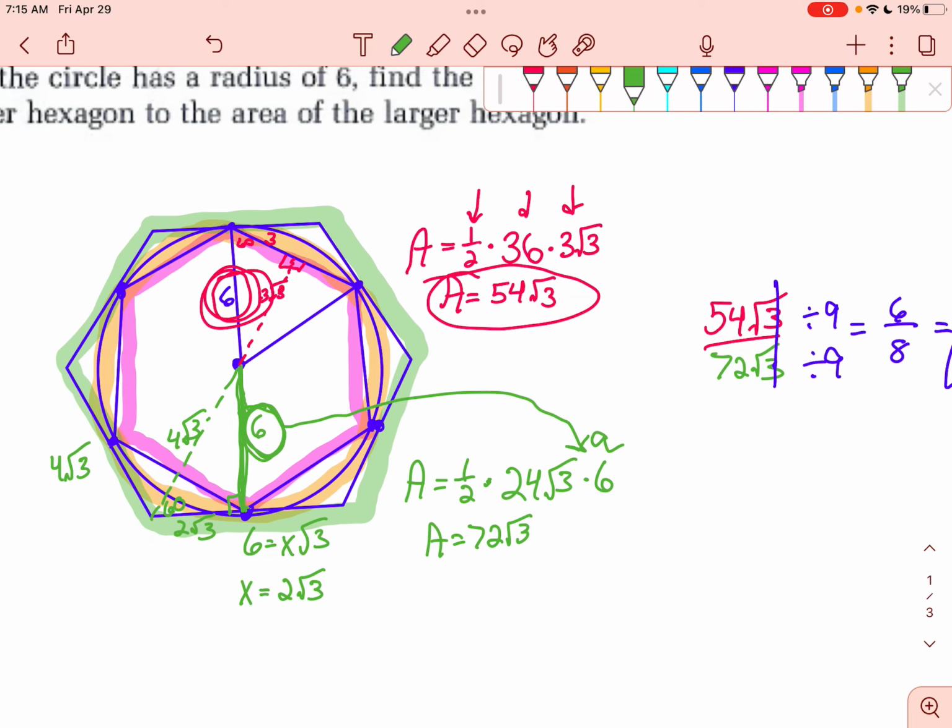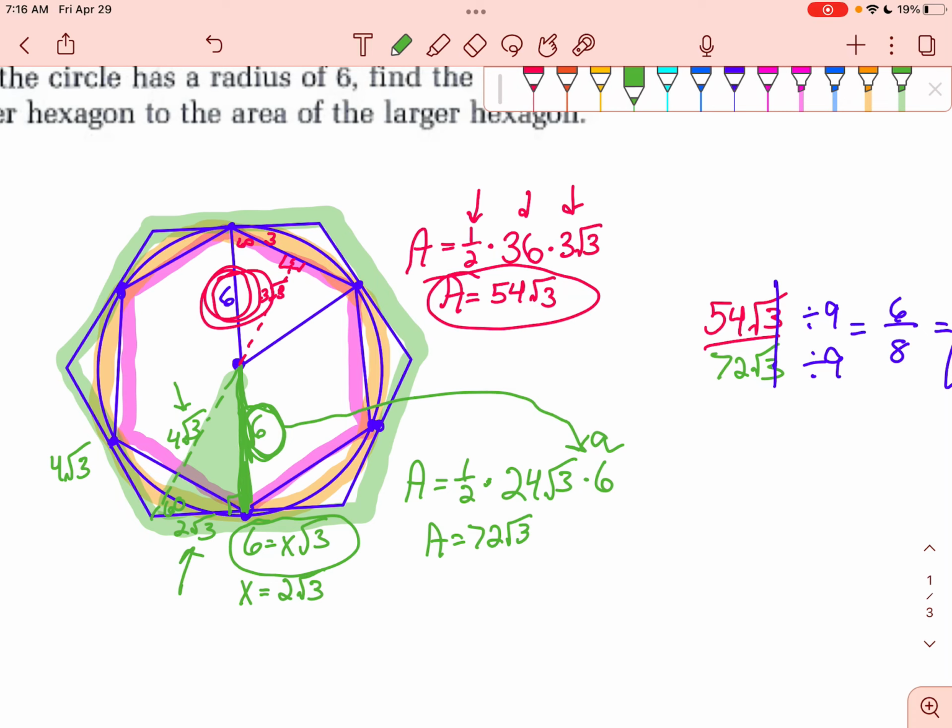So that radius in the green hexagon is the apothem. I built in my green triangle right here and put in the 30, 60, 90. Again, the 6 side is equal to the x root 3 side, and then I solved it. Therefore, the bottom is 2 root 3, and the radius of the larger hexagon is 4 root 3.